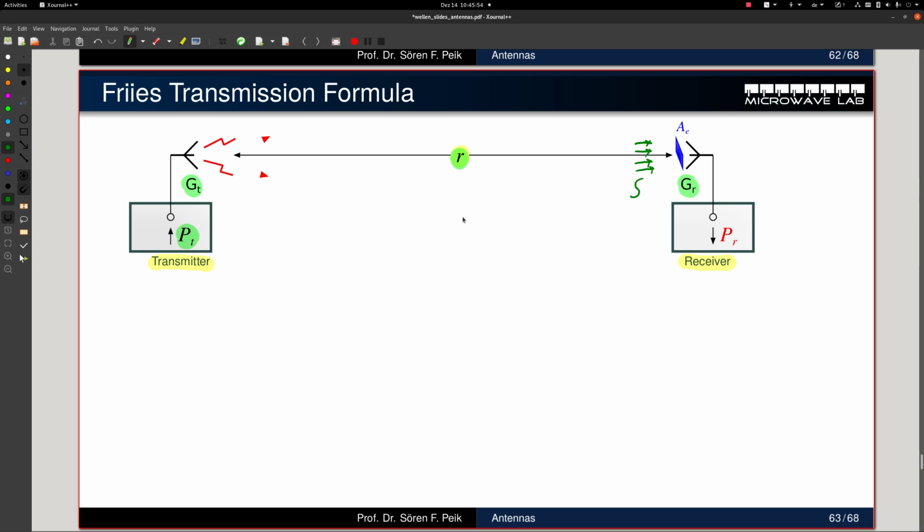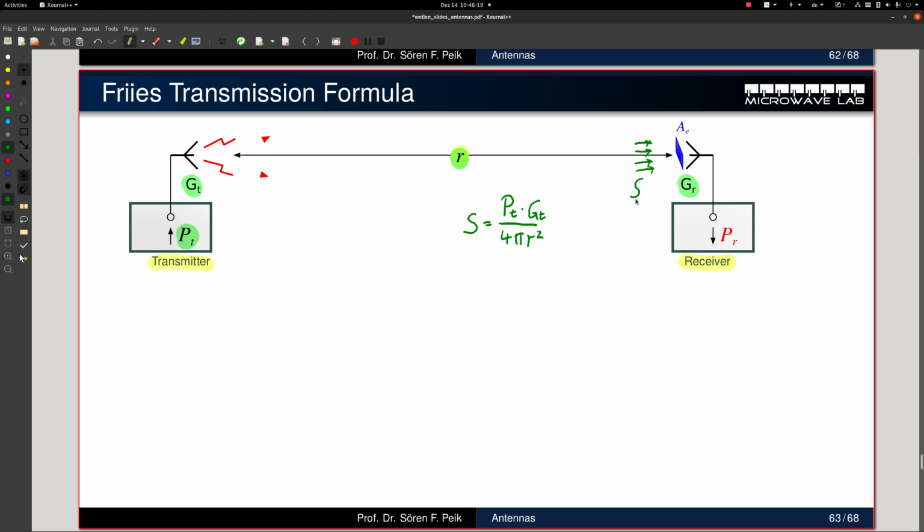So this S is, as we know from our transmitter formulas, my P transmit times my gain of the transmit antenna, remember last week, over 4 pi r squared.